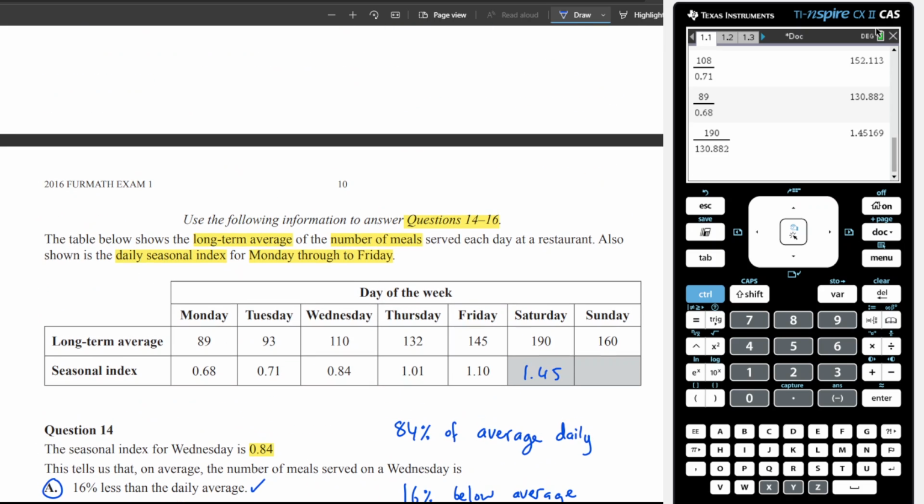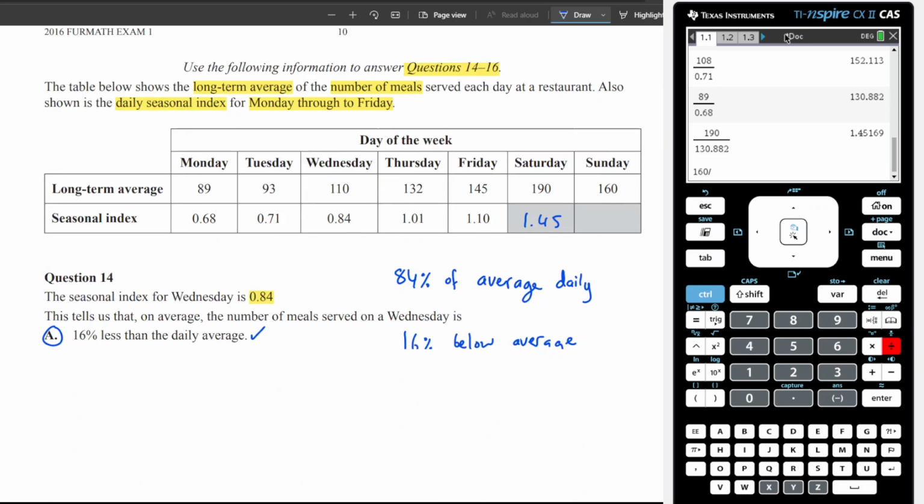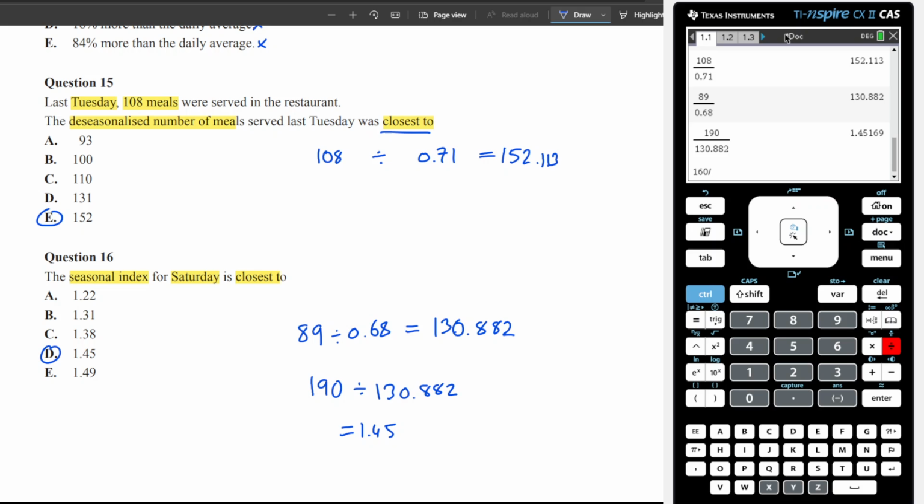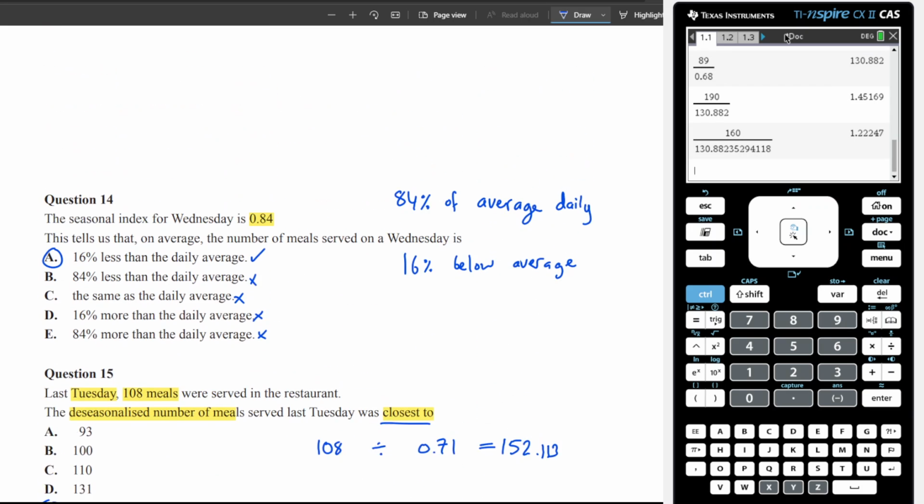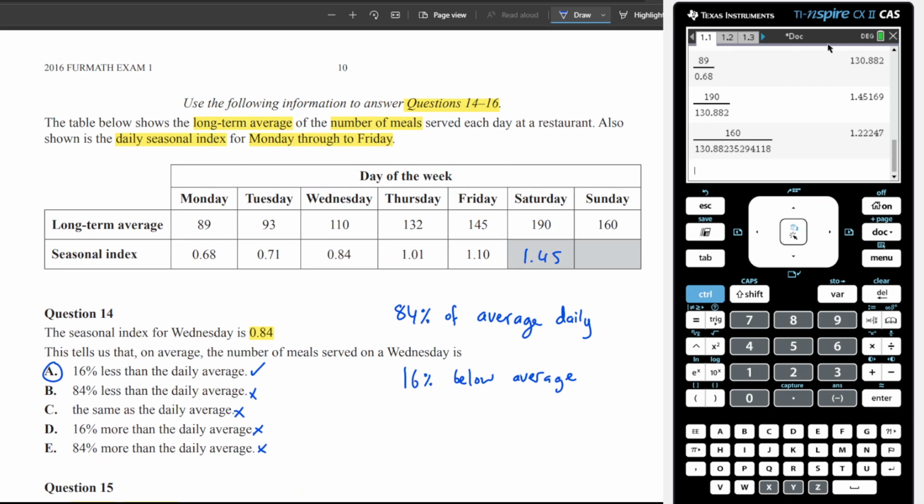On Sunday we have 160. 160 divided by what the daily average is, which is 130.882. So 1.22 would be our rounded seasonal index.